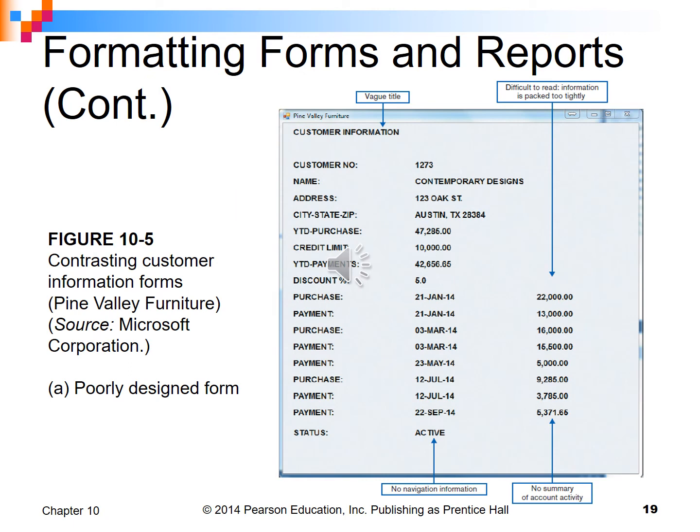Well, as we said, we have to follow some guidelines. Well, this example, 10.5, you could see how poorly designed this form is. You look at the title, it's a vague title, customer information. What do you mean, customer information? You look at the fields, they are not really indented.